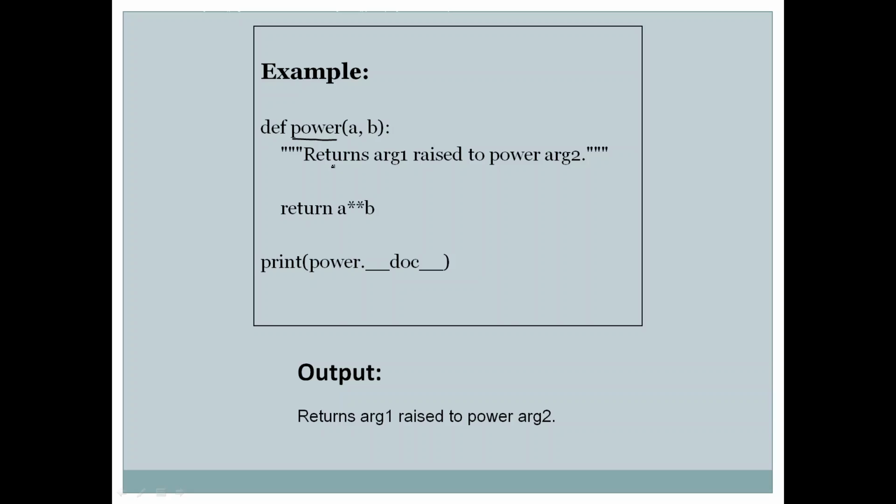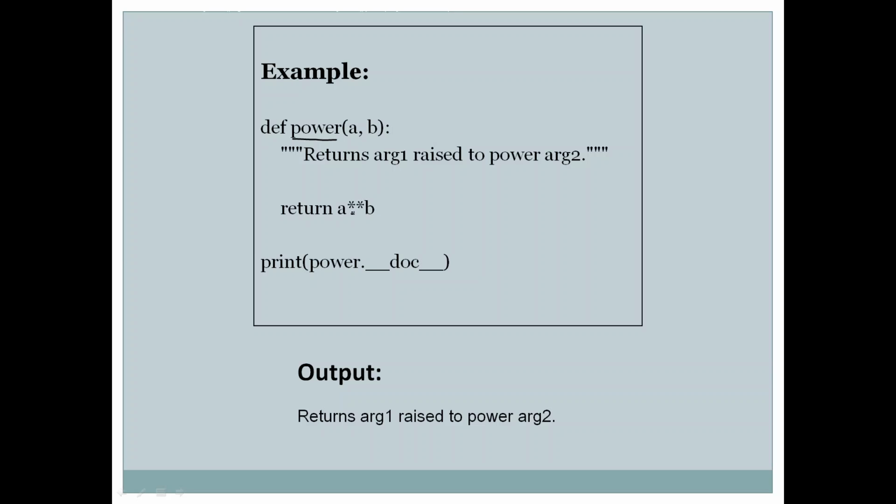So what documentation have we included for this function? We have included: this function returns arg1, that is argument 1, raised to the power of argument 2. We are simply saying this function returns argument 1 raised to argument 2. And the code inside the function, you can see return a into b.